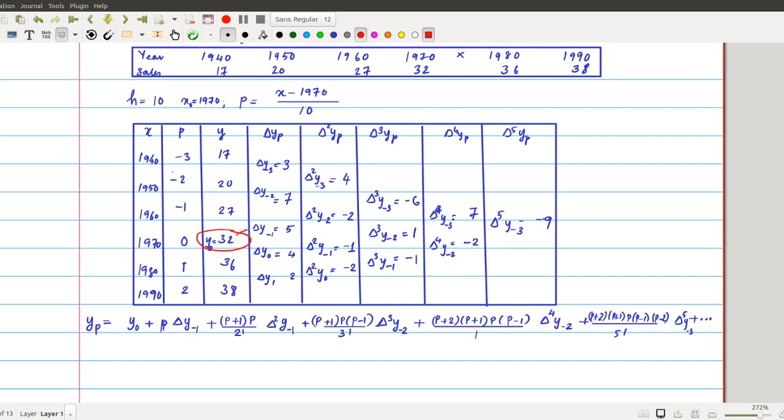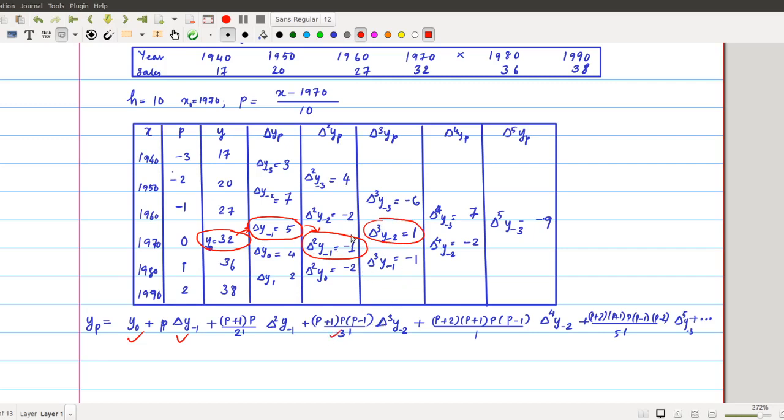We move backward, so that's why this is called backward interpolation. And we have selected y naught and this delta y minus 1. Now we choose delta square y minus 1, so that comes this way, delta square y minus 1. So first we move on to this and then come to this point and again come to this backward.